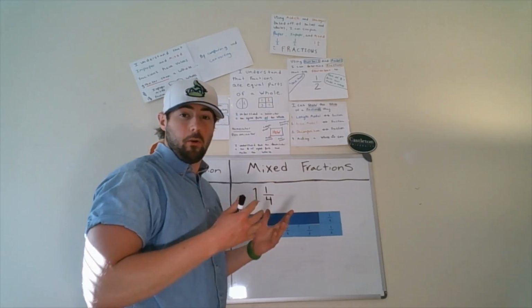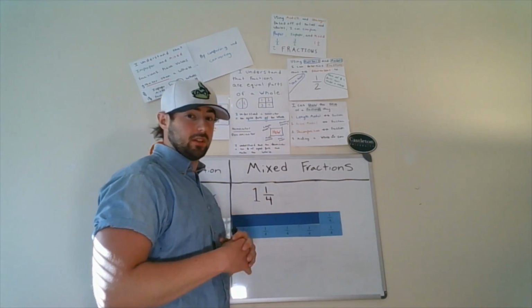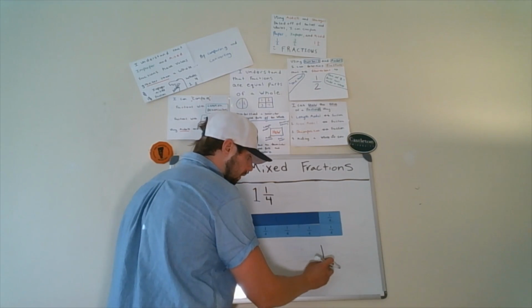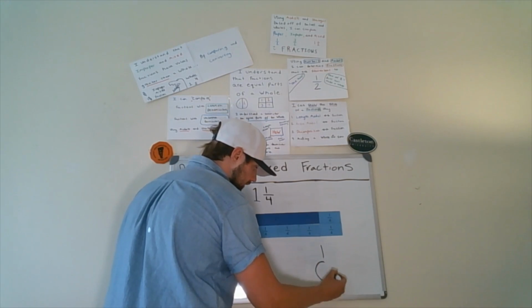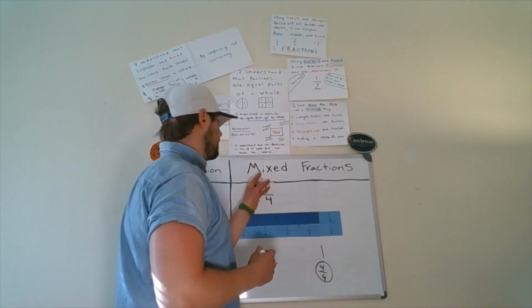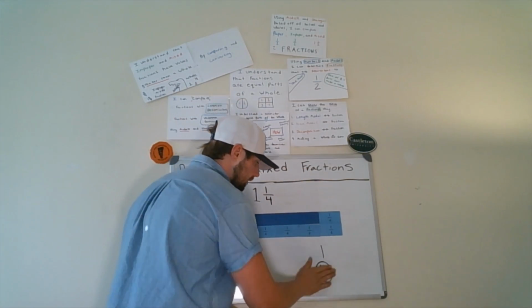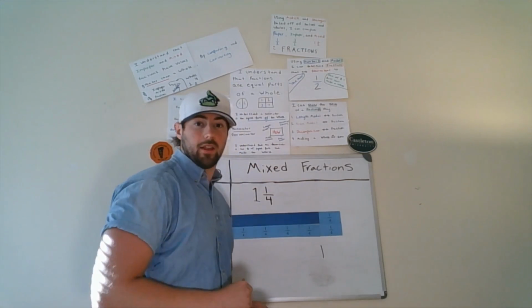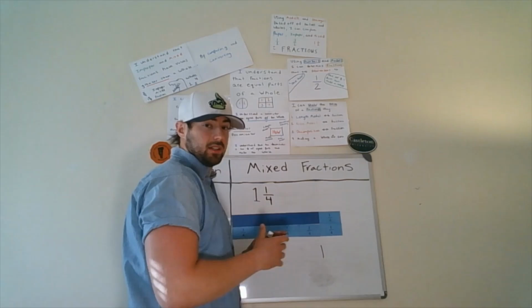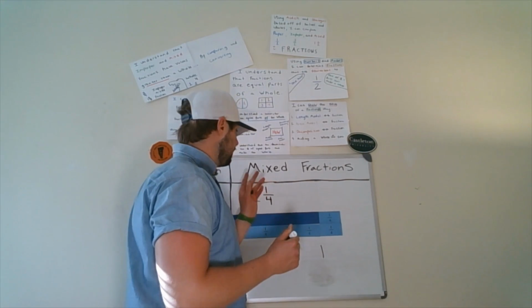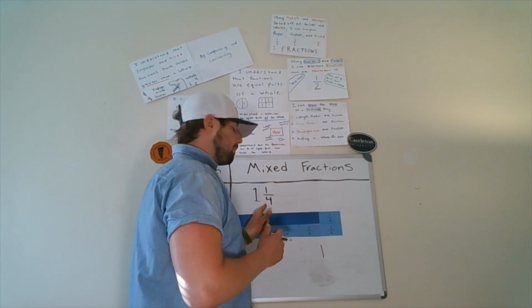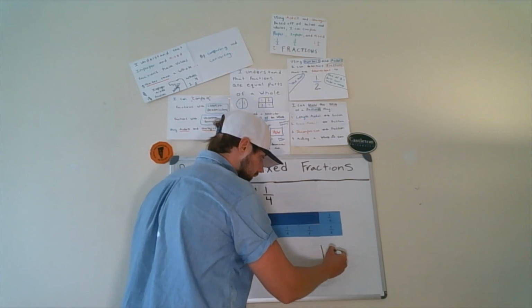This 1 whole, whether it's quarters, eighths, sixteenths, is indeed a whole. We know a whole has 4/4. But because we're talking about a mixed fraction, we don't even talk about it. We don't even reference it when we're showing it as a mixed number. But we're also incorporating, showing, representing that 1/4.